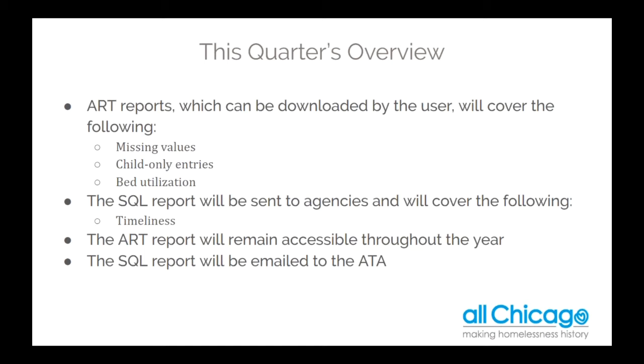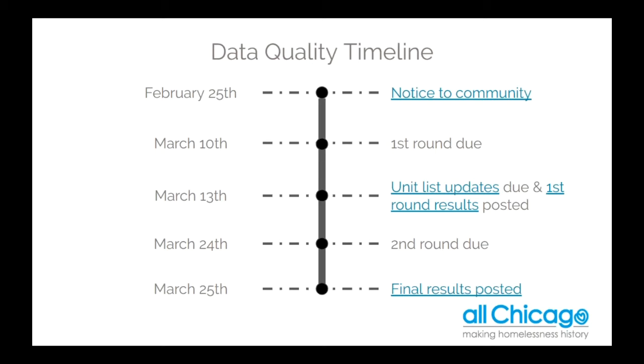The reason we're only basing the SQL report on timeliness is because it is just timestamps. Those are things that cannot change, and that we can't pull in from any other provider. It's just your agency: when did you create this entry, and what date did you say the client entered? That's what we're comparing. It's just looking at straight-up dates, and that's why we felt comfortable going with SQL for the timeliness report.